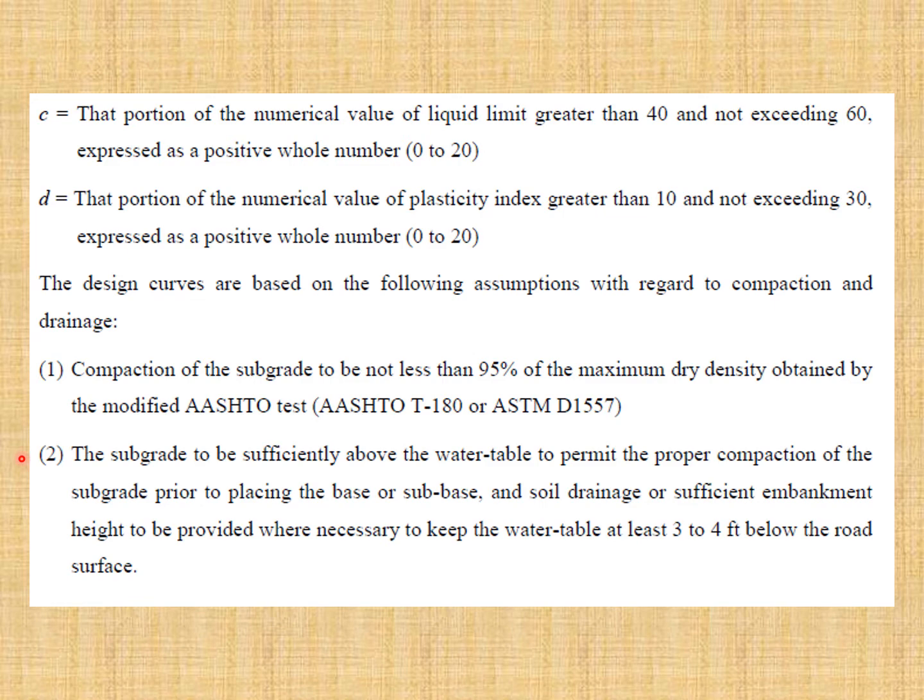Number two, the subgrade to be sufficiently above the water table to permit the proper compaction of subgrade prior to placing the base or subbase, and soil drainage or sufficient embankment height to be provided where necessary to keep the water table at least 3 to 4 feet below the road surface. So road surface means the top of wearing course or surfacing.